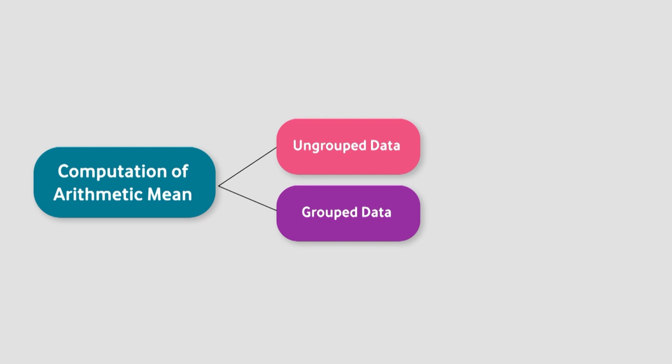Ungrouped data is also known as individual series, whereas grouped data means we are talking of discrete series and continuous series. I hope you have understood by now what is individual series, discrete series and continuous series.